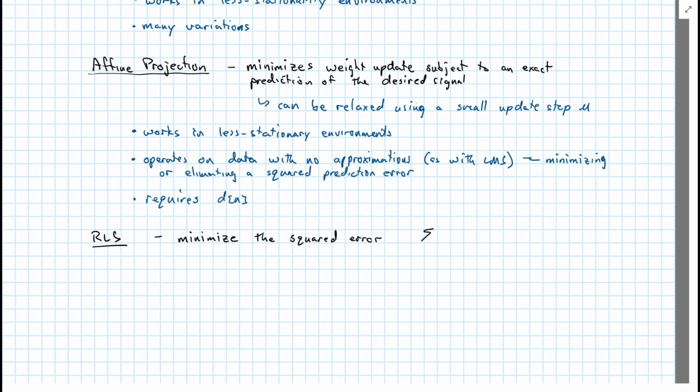And we define that error as the sum over all samples as a weighted squared error, where it's an exponential weighting giving higher weight to the most recent. So for this filter, like the non-relaxed affine projection, the error is minimized exactly for each input sample.